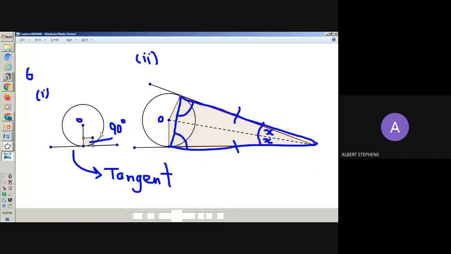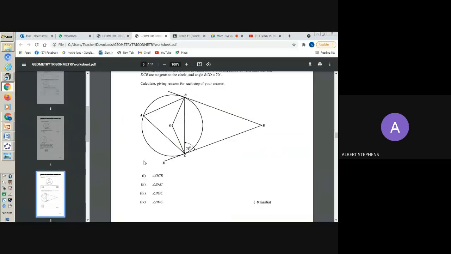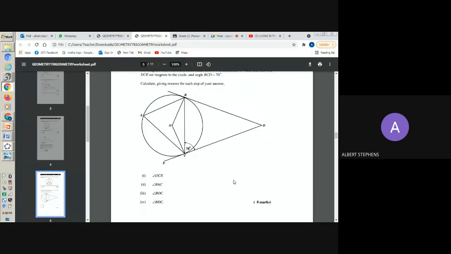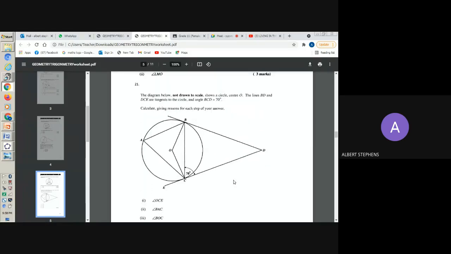Do you realize it is this? It's actually this one too, 6 part 2. It's basically 6 part 2. So I'm going to give you a few minutes to see if you can digest this. What do you think it is?